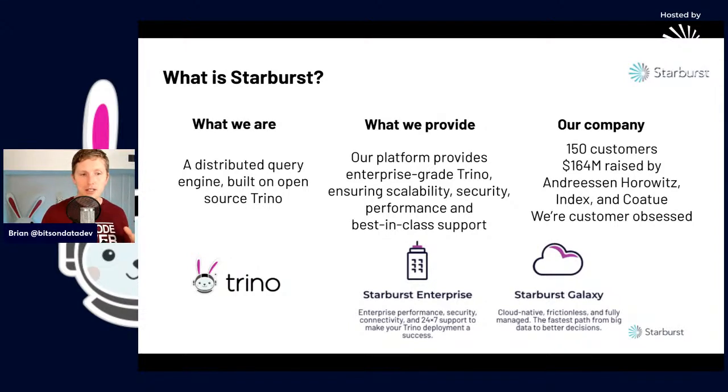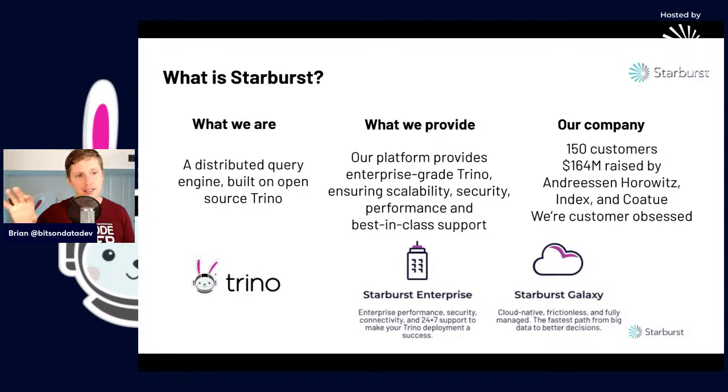SEP is still very similar to a deployment that you would have with Trino, but instead we have extra connectors, modified security and enhanced capabilities around security, and then you also have the support and a lot of extra small bells and whistles that, from a deployment aspect, make it a lot simpler.